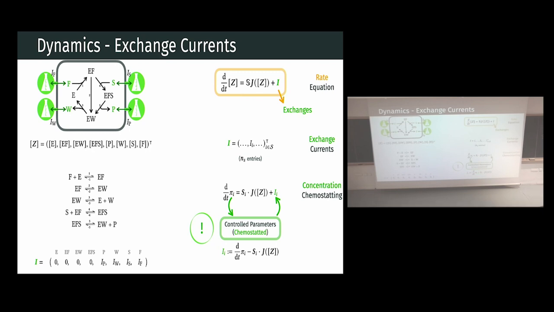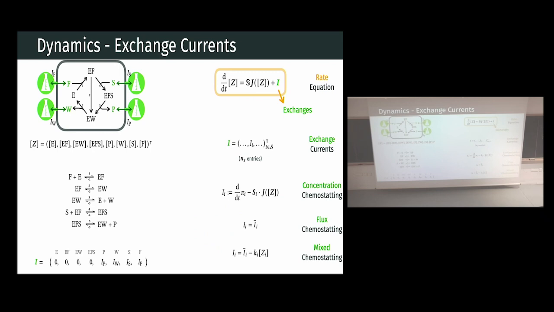Come again? S_i is just the row of the stoichiometric matrix corresponding to the species i. I'm just rewriting, I'm specializing that equation for a single species. I forgot to say that, sorry about that. All right, this is the way we're gonna think about it, okay? But it's not necessary, meaning that the exchange current could be whatever. It could represent a constant injection or extraction of species, all right?